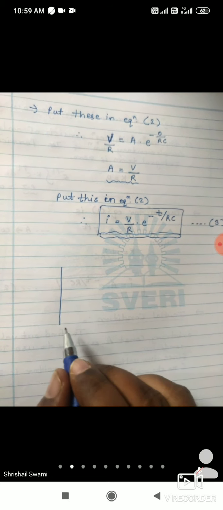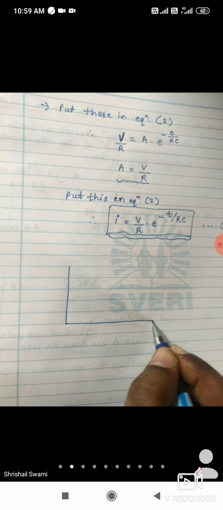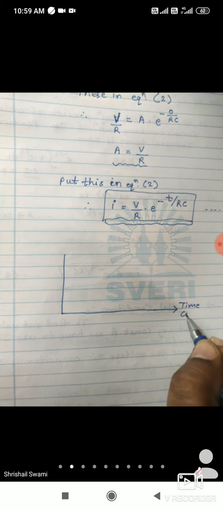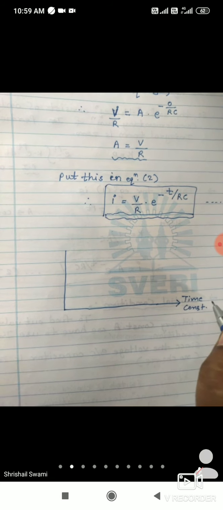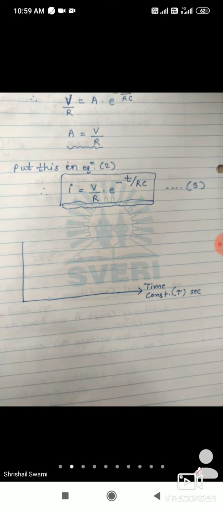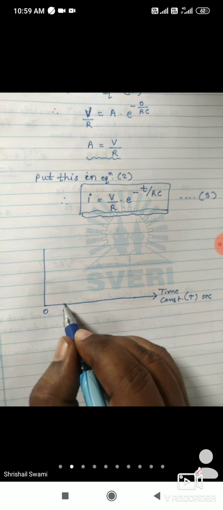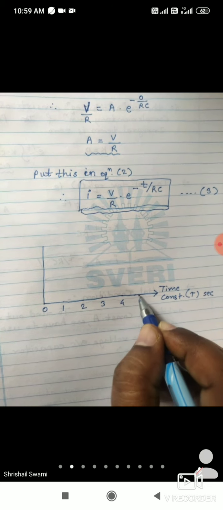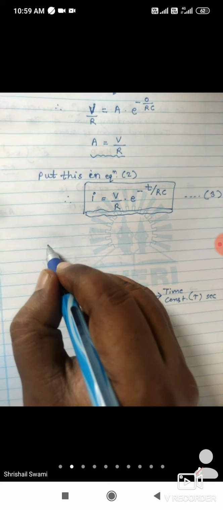So if you are drawing a graph, this will be the time constant x-axis. Time constant is here denoted as tau, and unit for time constant is second. Okay, so it will be 0, 1, 2, 3, 4, 5 like this, and y-axis will represent the current.